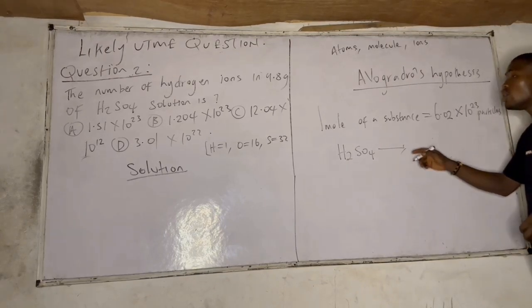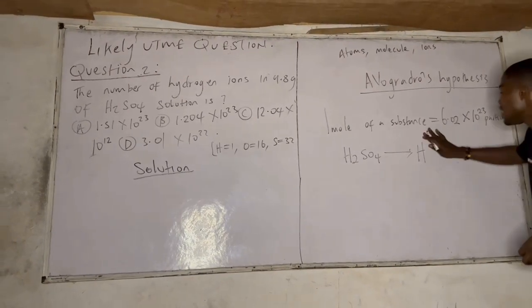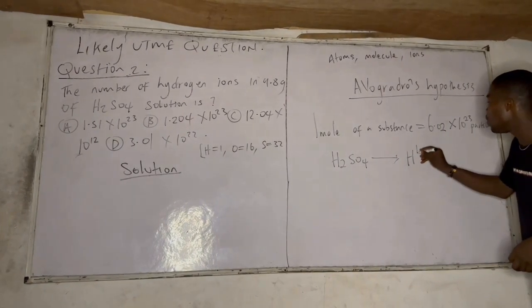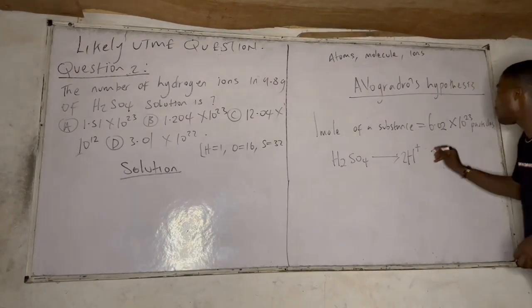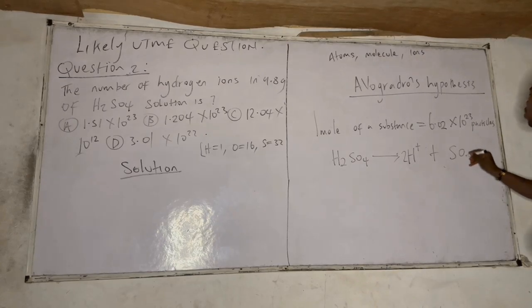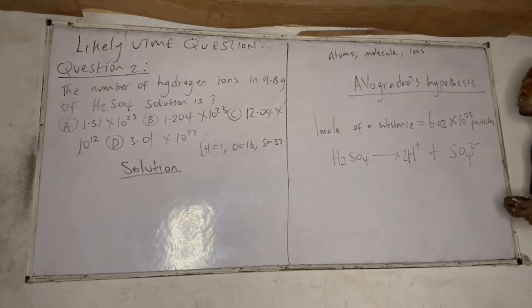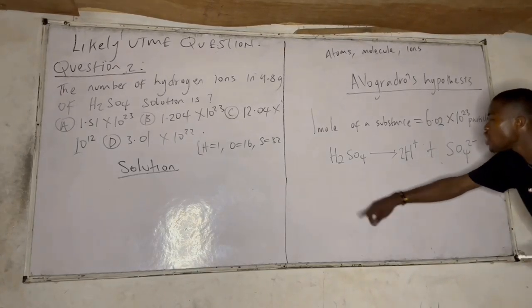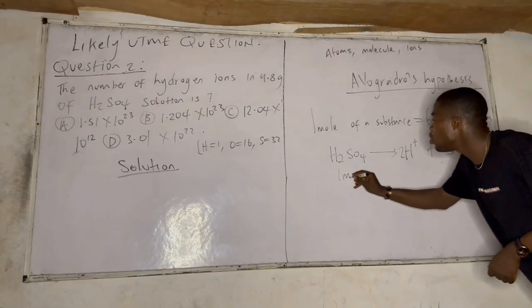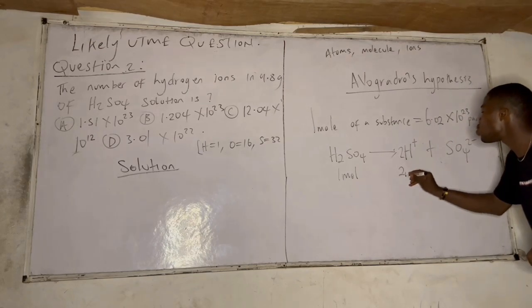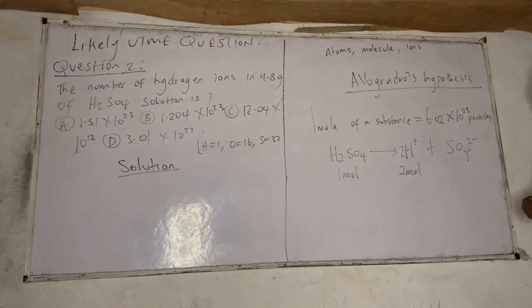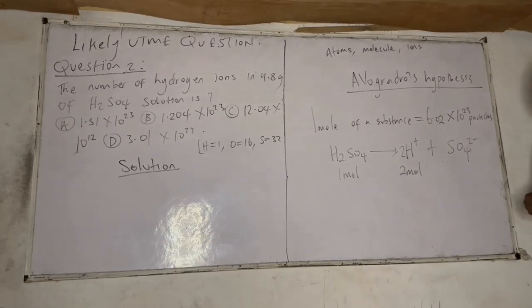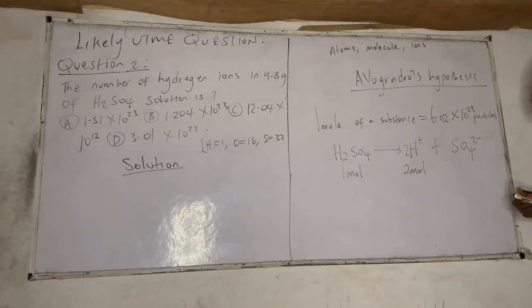If it dissociates in solution, as happens in every strong acid, it gives me 2 H+ plus SO4 2-. So 1 mole of H2SO4 gives me 2 moles of hydrogen.